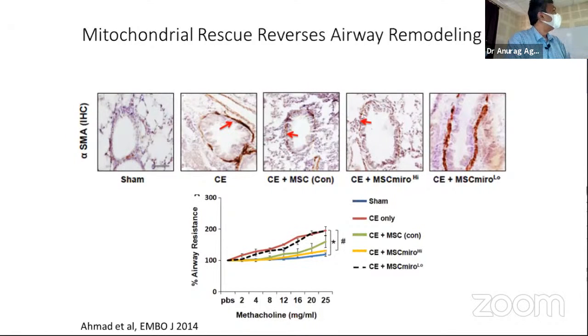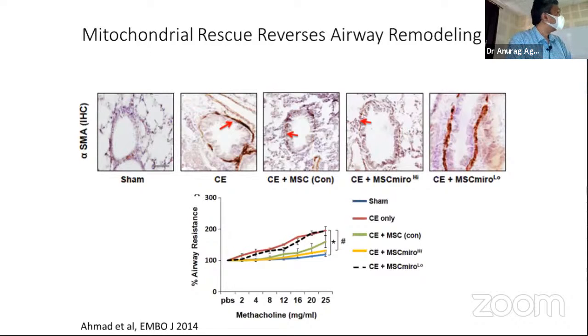And basically what we find, now this is airway hyperresponsiveness. Y-axis resistance, x-axis is methacholine. So when you give methacholine to a normal mouse, which is basically sham, blue, it barely reacts. If I give it to an asthmatic mouse, here in red, it reacts.